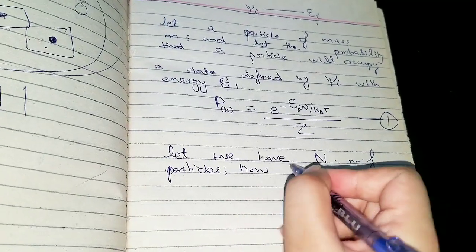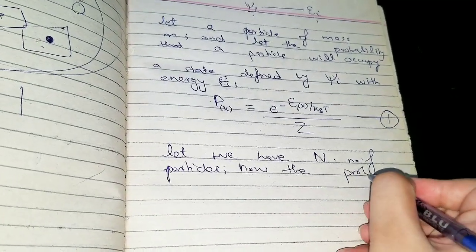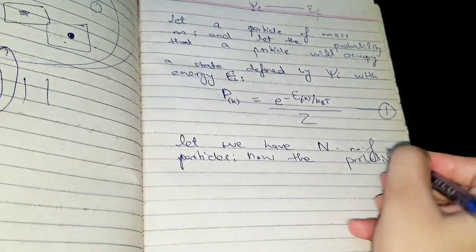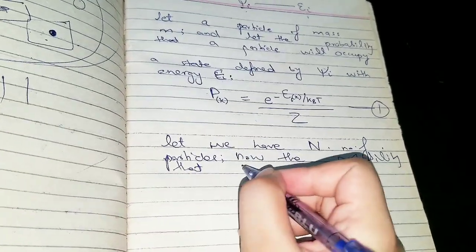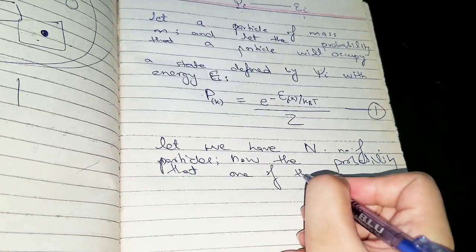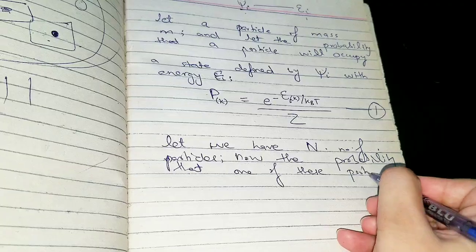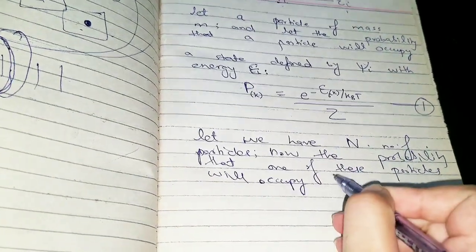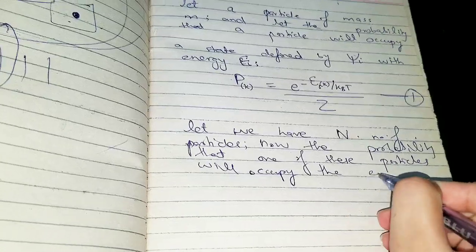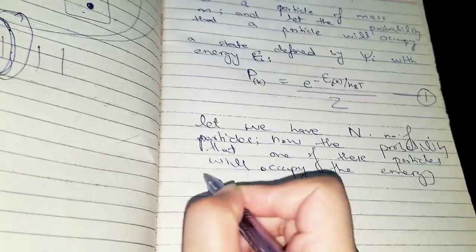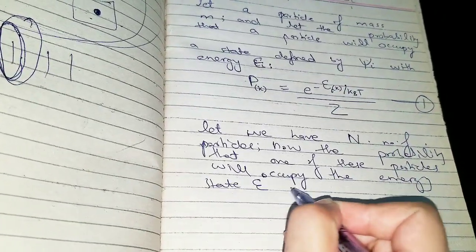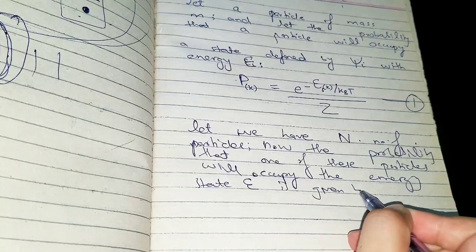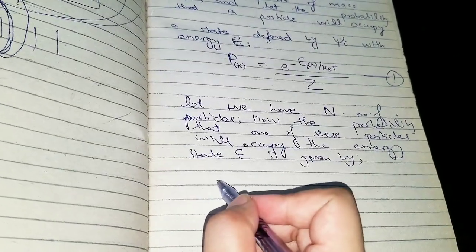Now the probability that one of these particles will occupy the energy state E is simply given by the product.